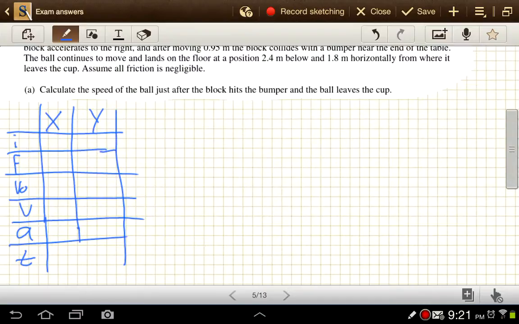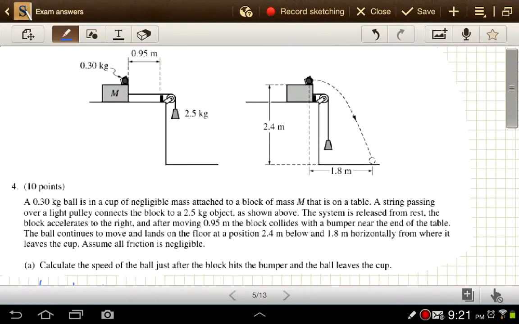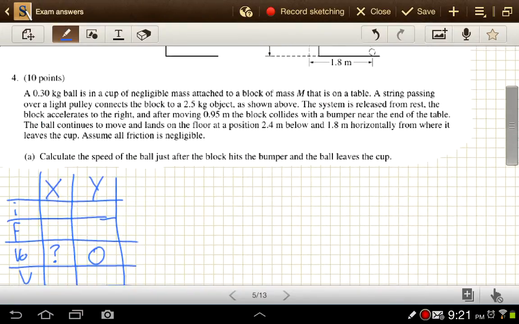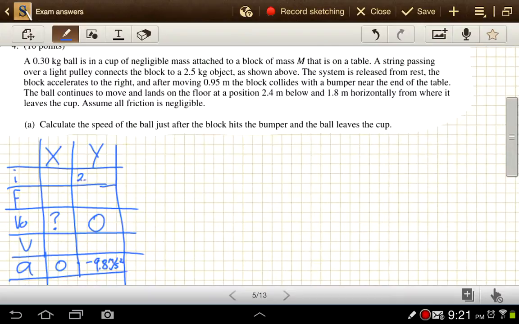X acceleration for projectiles is 0, and for the y direction is negative 9.8 meters per second squared. That ball would be launched horizontally. We're looking for that initial speed, but we know in the y direction it'd be going at 0 meters per second because it's launched horizontally. It starts at a height of 2.4 meters and ends at a height of 0.